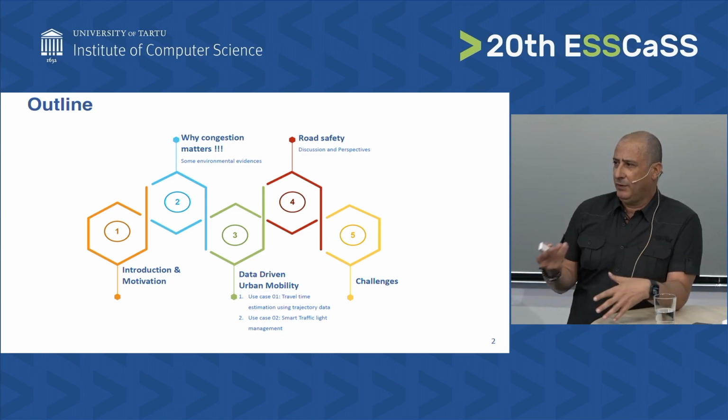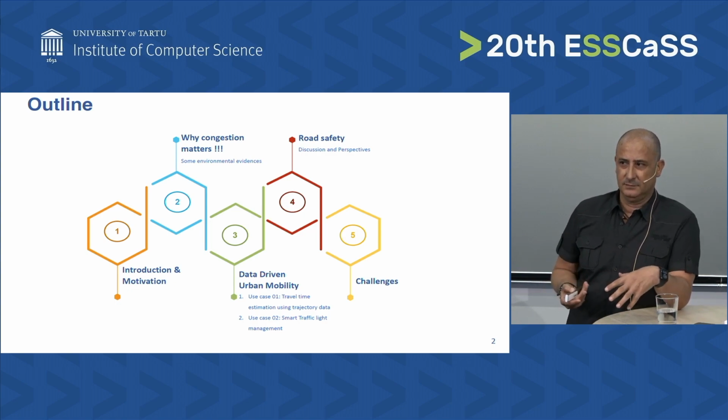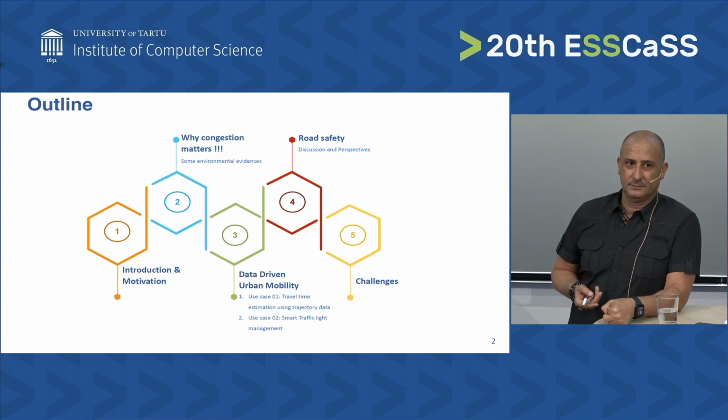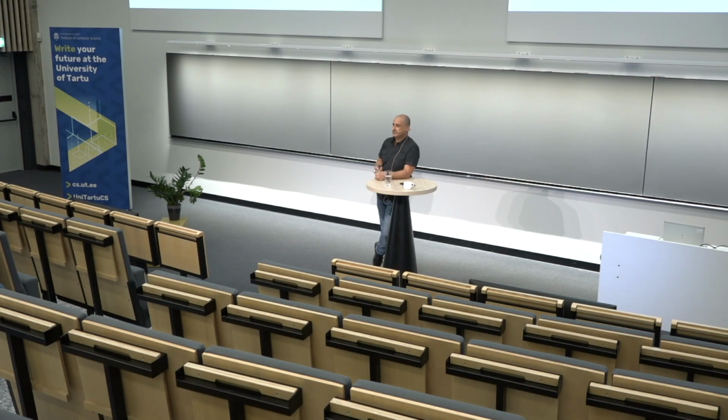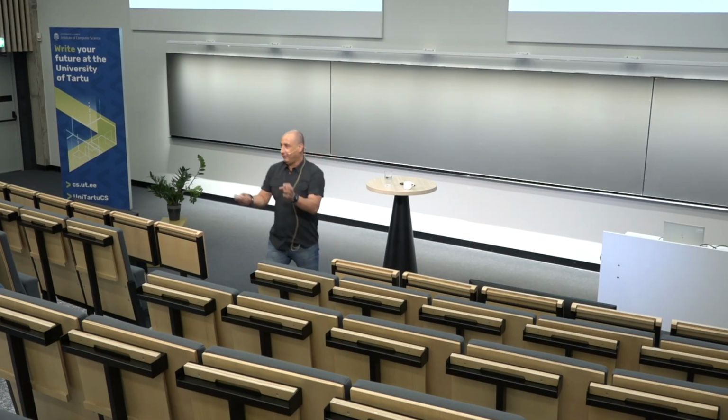But what is the connection between, for example, traffic light and road safety? I would like you to help me find this red thread between traffic light management and road safety.